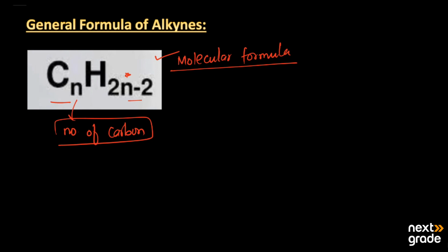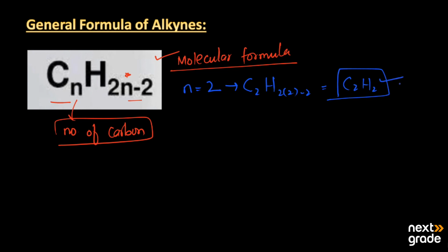So if n is equal to 2, then by putting in the values we get C2H(2 into 2 minus 2), which is C2H2. So this is the formula for the first member of the alkynes, and n starts from 2 and goes on. As the n number increases, the length of the carbon chain also increases in the same manner.